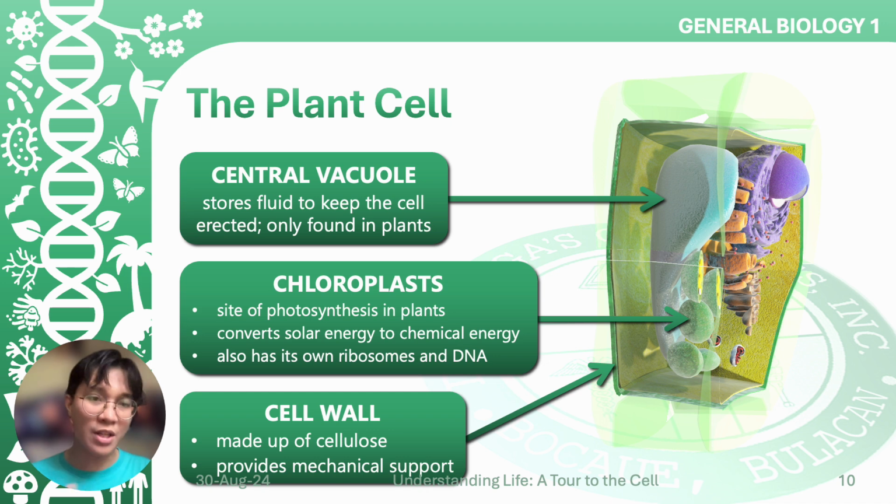A large amount of space is taken up by the central vacuole. And then we have your green pigments that are stored in your chloroplasts, and all of them are surrounded by your cell wall. So these three parts of the cell are only found in plants, but not in animals. I hope that makes clear the differences between the two big groups of organisms.